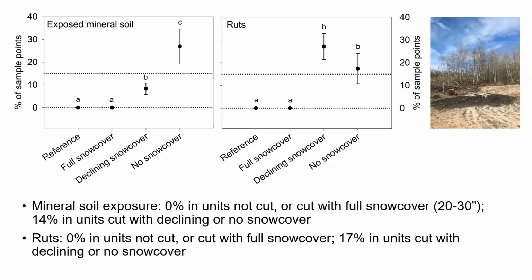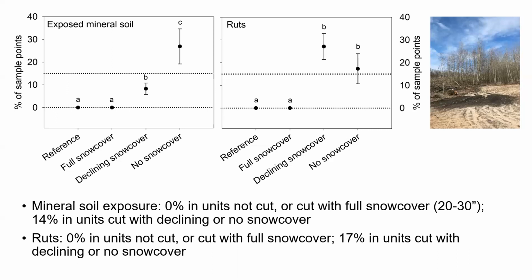And what I'm showing you here are two different metrics of soil disturbance. The graph on the left is the percentage of sample points that had exposed mineral soil. And on the right, we have the percentage of sample points that have ruts. And both of these being a result of the tracked equipment that you saw in the last slide. And on the bottom, we're looking at 4 different treatments that are defined by when they were harvested.